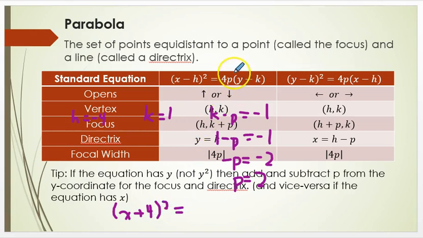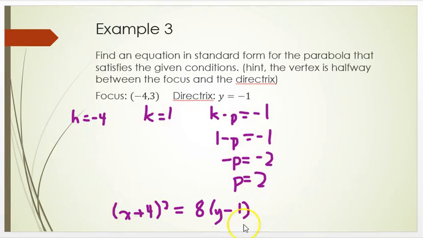And then this equals 4 times p. We said p is 2, so that's going to come out to an 8. And then y minus k. So that's our final answer.